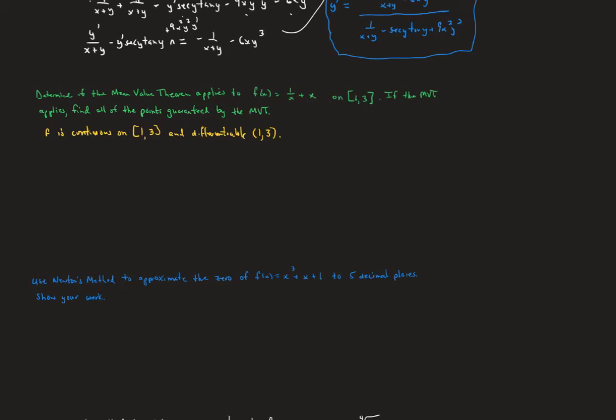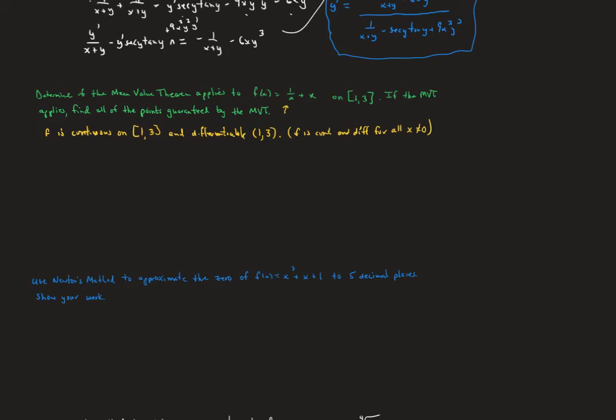And the reason for that is the only place where this has an issue with continuity and differentiability is going to be where it's undefined, which is at 0. So I'm just going to say in parentheses, f is continuous and differentiable for all x not equal to 0. So we have met the criteria there.